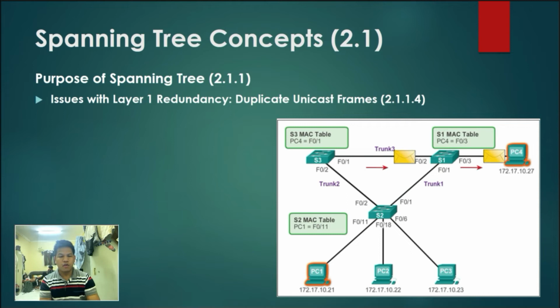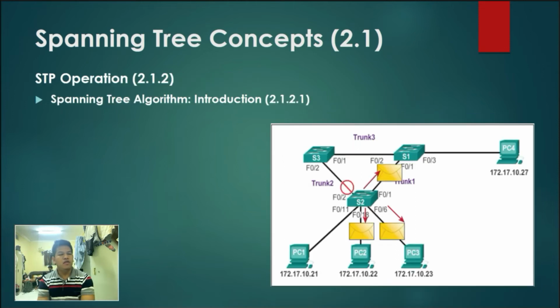And for step 6, switch 1 receives the duplicate frame and forwards the frame out to PC4. Spanning tree algorithm introduction: in this figure, all switches have STP enabled.